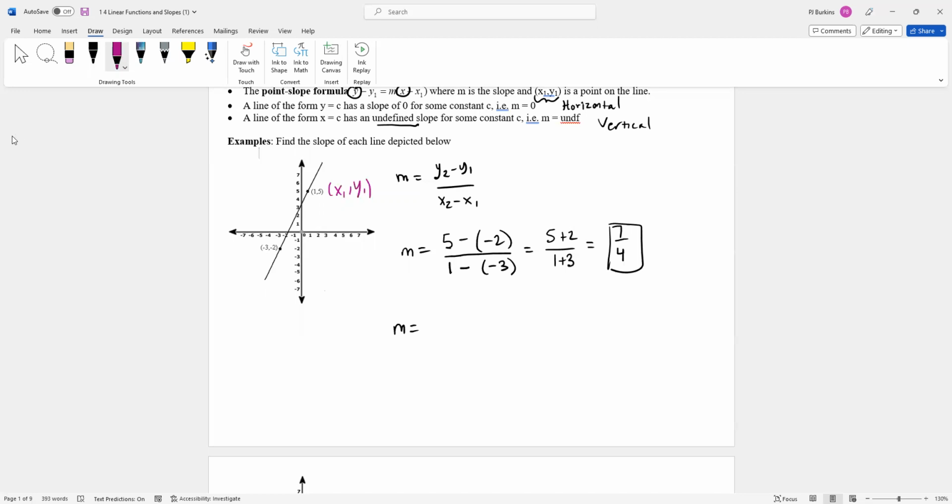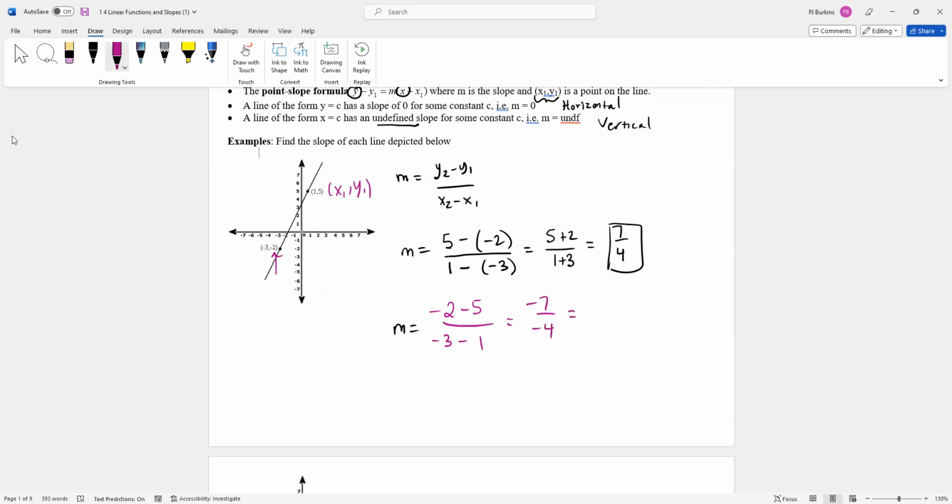Okay, so we would start with y2, which is negative 2, minus y1, which is 5. All over negative 3, which is x2, minus 1, which is x1. So that's negative 2 minus 5, that's minus 7. Negative 3 minus 1 is negative 4.